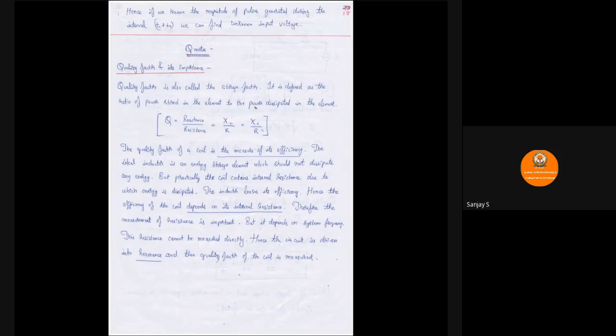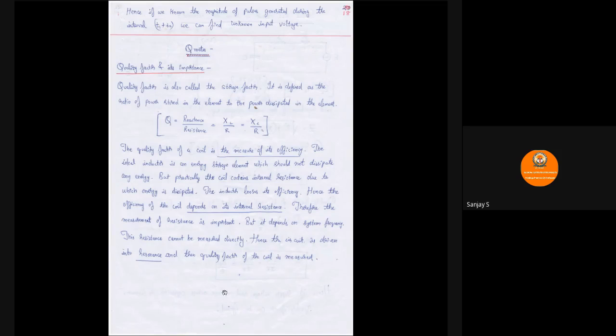It is given by XL by R, or XC by R in case of capacitor. So, lesser the value of internal resistance, higher will be the quality factor. If higher is the quality factor, more efficient is the coil. So this is the practical significance of quality factor of any coil.